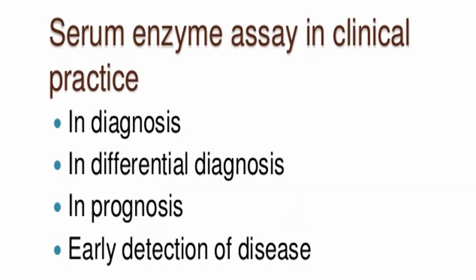The estimation of serum enzymes in clinical practice. Now remember, when a patient comes to the doctor, he tells the history about his or her illness. Then the doctor does the physical examination, and he may find some findings which are called signs. So symptoms are told by the patient and signs are detected by the physician.